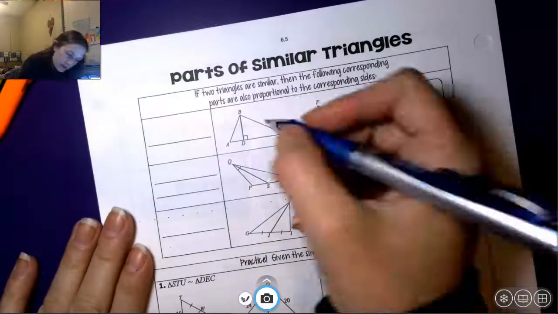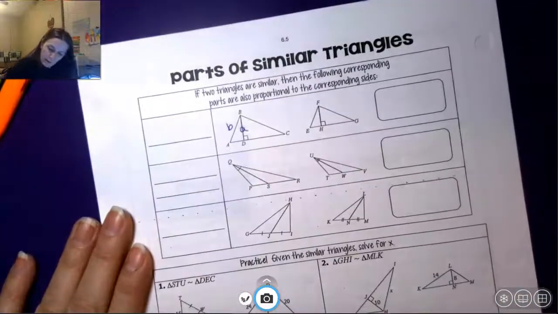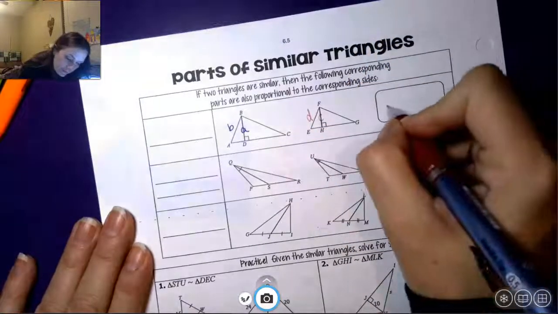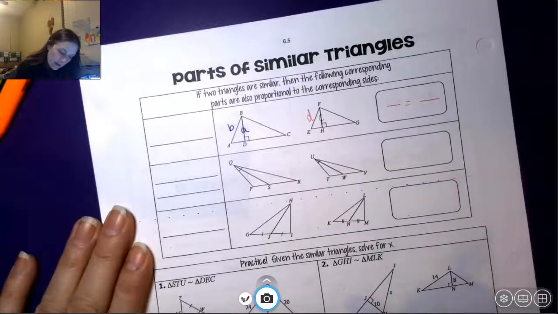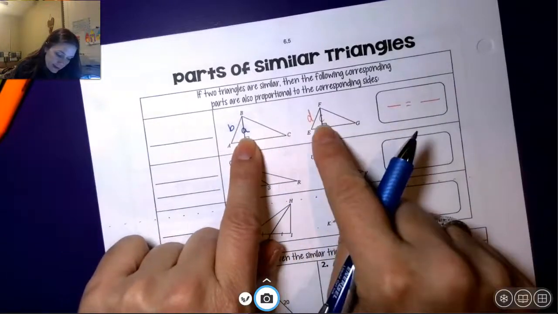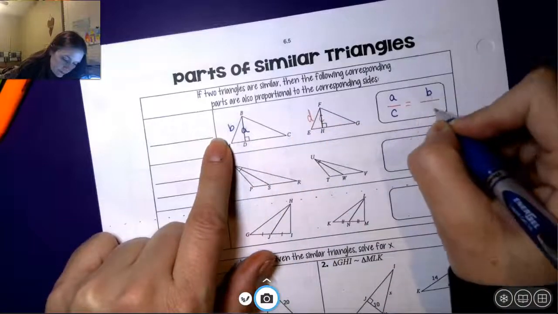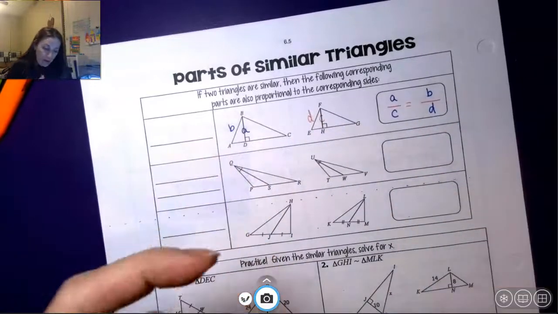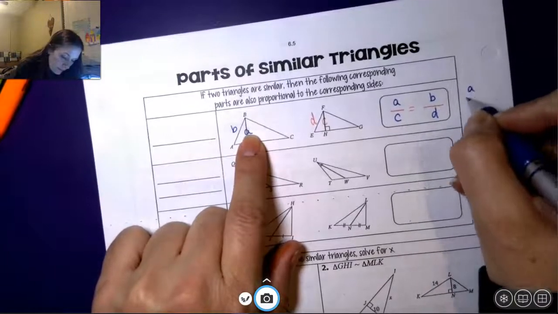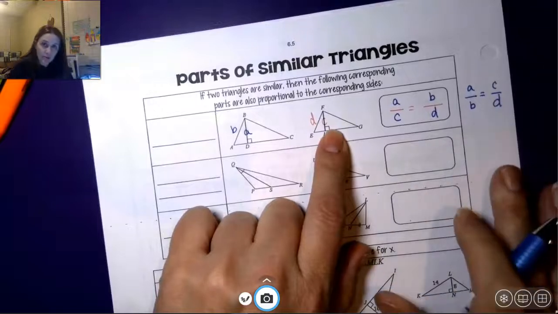So it's nice, like if I took this side B and this side A, it will be proportional to this side D to this side C. So if I set this up, I can say A to C are in the same spot, so I can put A to C and B to D. Now remember that we could always use the cross product. I could do A to B equals C to D, and that would also work.